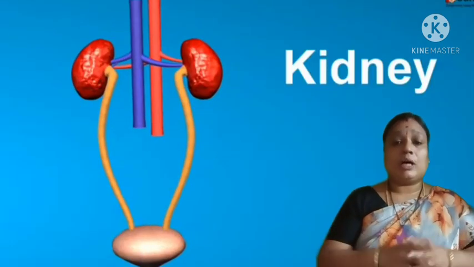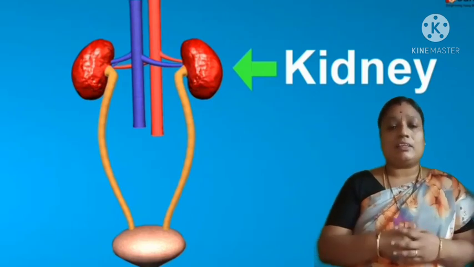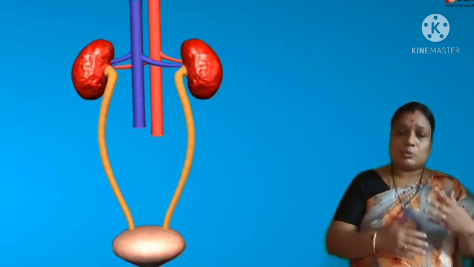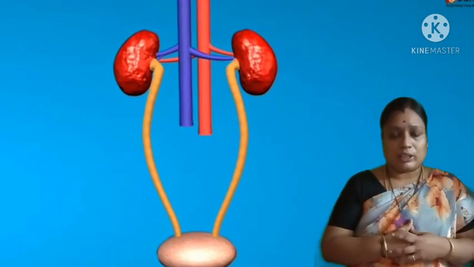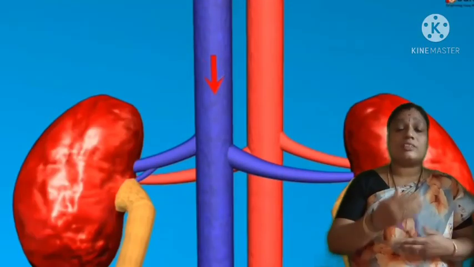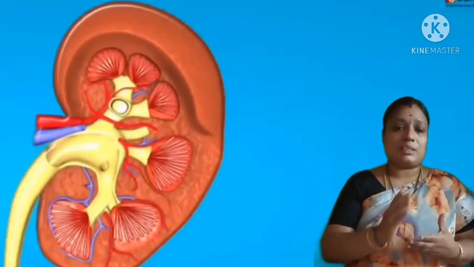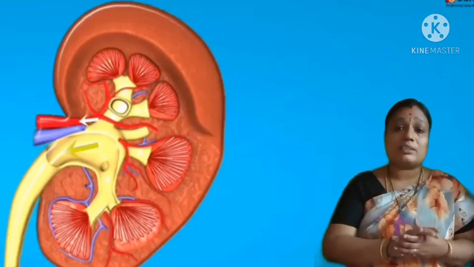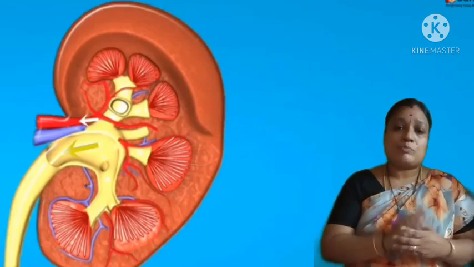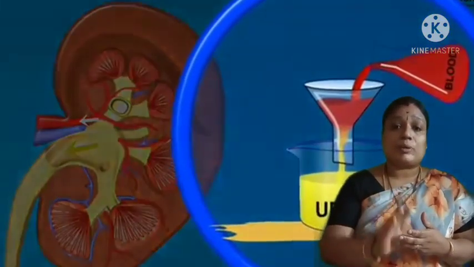Now, the excretory system in humans. We all know blood carries all the nutrients to various parts of our body, isn't it? When the blood travels to the various parts, it also contains unwanted, harmful or toxic substances. These waste products should be removed from the blood.